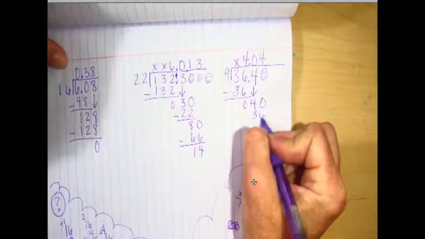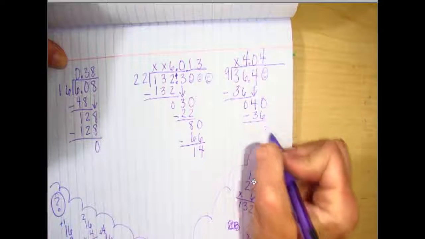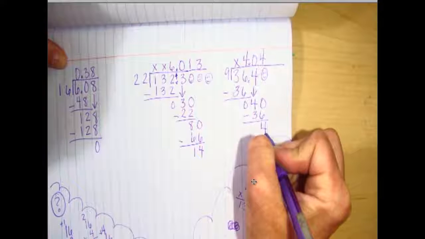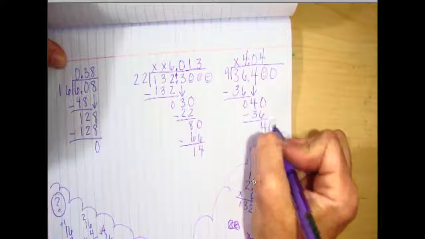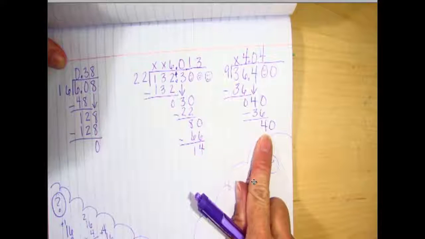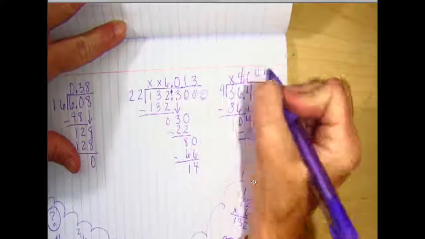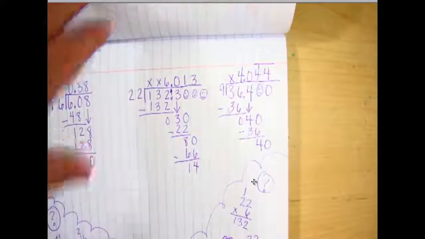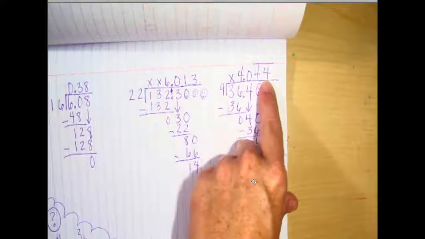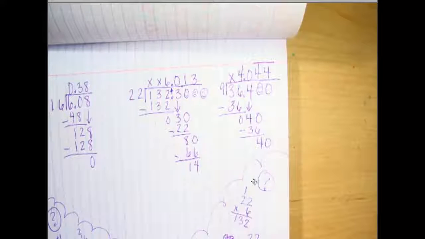Look at what this is doing. 40 minus 36 is 4. I could add zeros and keep doing this until the end of my life, and I would make 4s forever and ever and ever. This is called a repeating decimal. When this happens, just draw a line over it. It means your 4s go on and on and on. Does that make sense, guys?